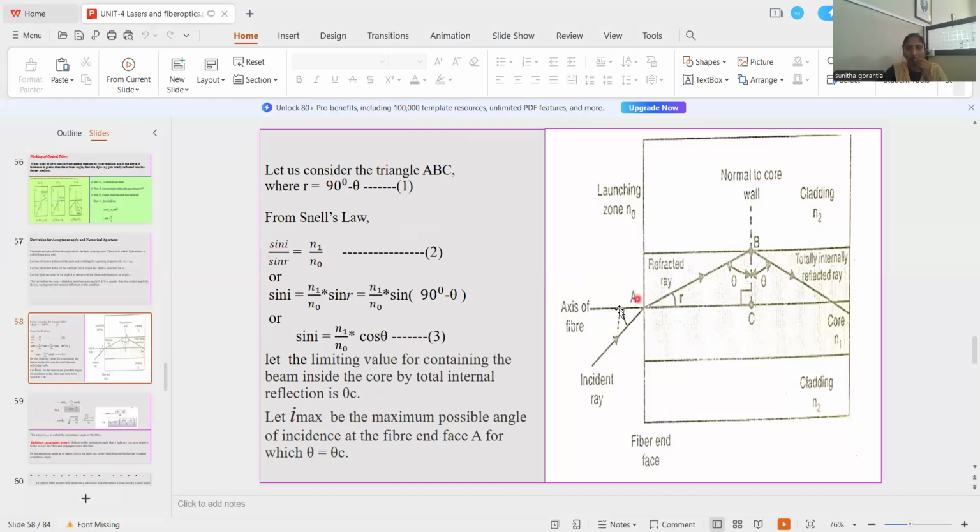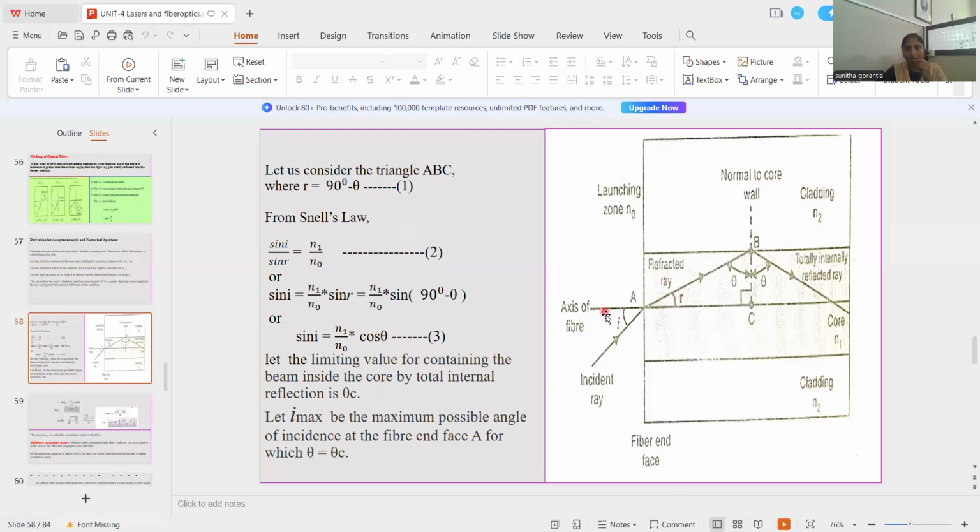Now, from Snell's law, at point A we apply Snell's law, that is N naught sin I, where N naught is the refractive index of the air and sin I relates to the angle of incidence. N naught sin I is equal to N1 sin R, where N1 is the refractive index of the core and R is the angle of refraction.